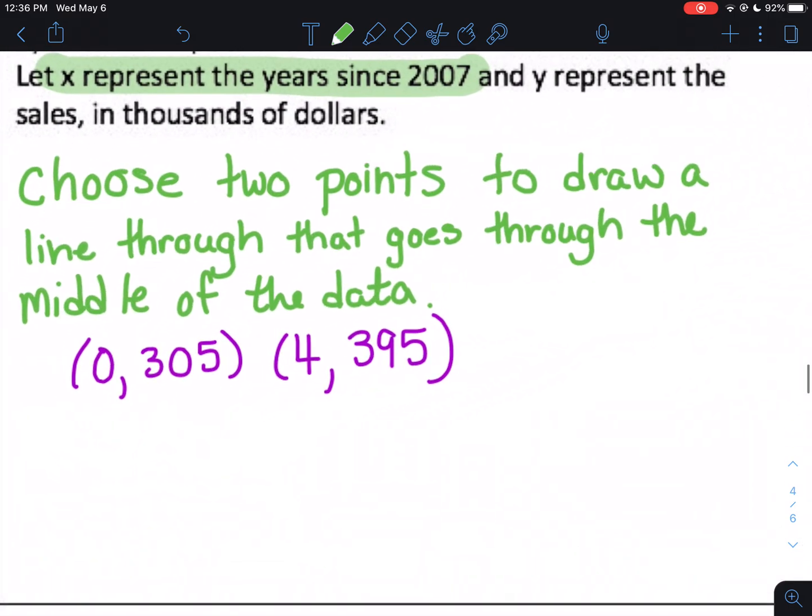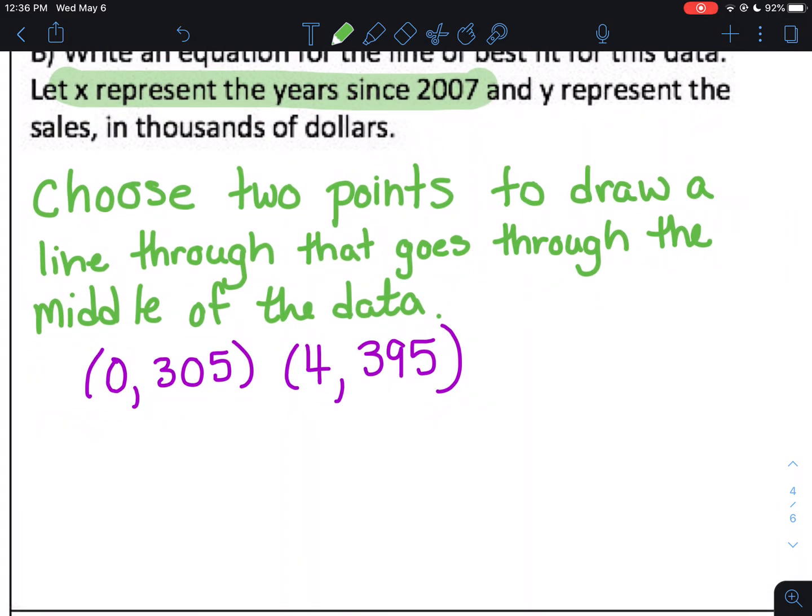So I came down here, I've already got these here. These are the 2 points I picked, (0, 305) and (4, 395). And we need to write the equation of a line. You guys know how to do that. The first thing we do is find the slope. Slope is change in y, y2 minus y1 over x2 minus x1.